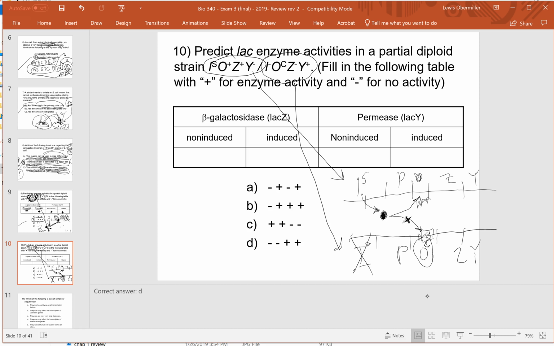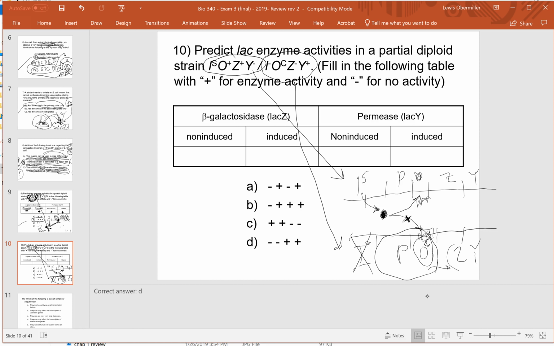That means that this can't stop the polymerase from binding and turning this on. So whatever these are, they're going to be on all the time. So this is actually a pretty complicated one, but this one, the constitutive one, shows us that Y is plus and Z is minus.